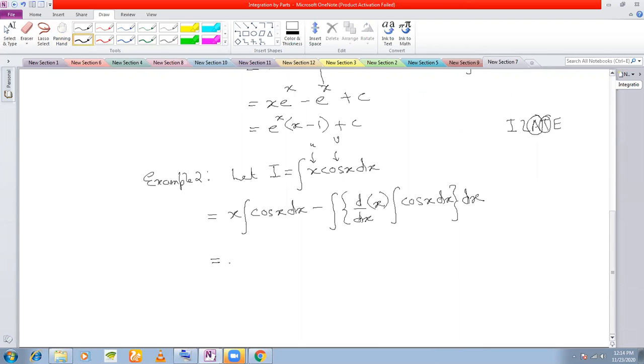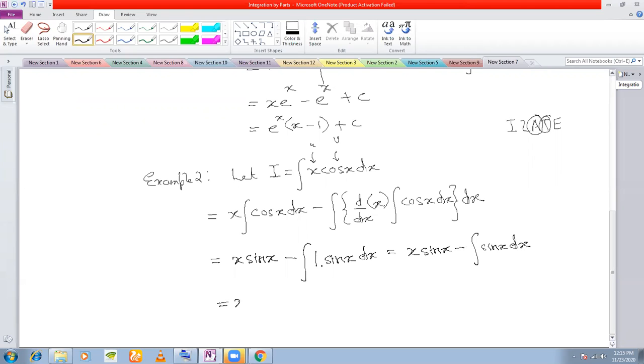Now what is the integration of cos x? It is sin x. So x integral cos x means x sin x minus integral of derivative of x, which is 1, and again integral cos x is sin x. So what does it become? It becomes x sin x minus integral sin x dx.